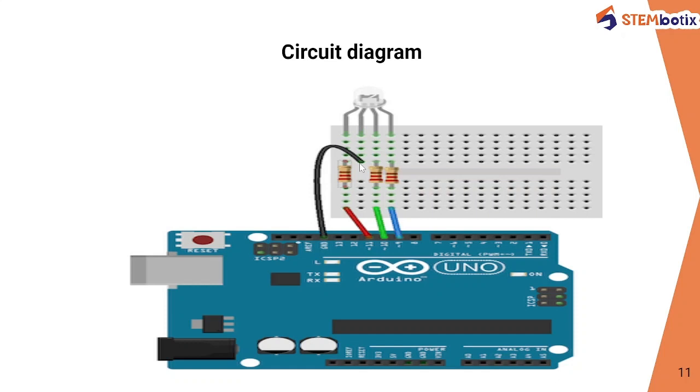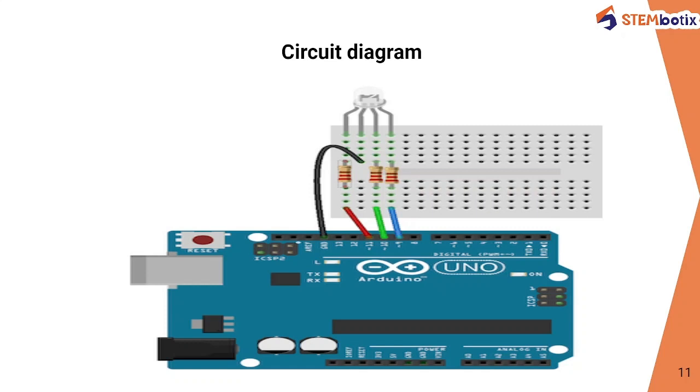And here the red color pin is connected to PWM pin 11. The green pin is connected to PWM pin 10, and the blue one is connected to PWM pin 9.